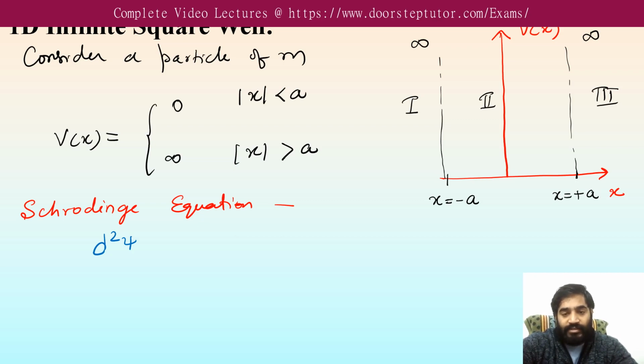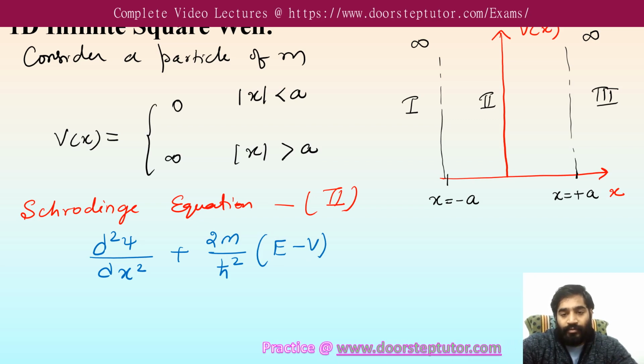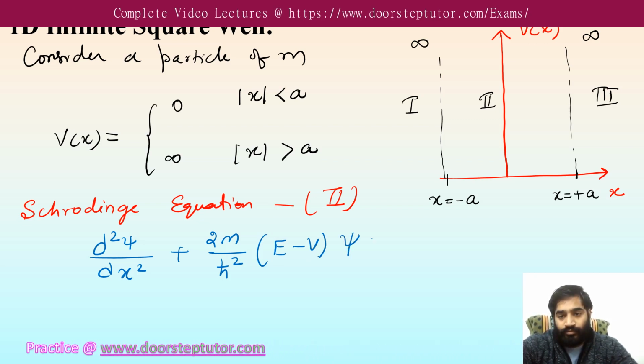I'm writing it for the second region: d2 psi over dx square plus 2m over h cut square times (E minus V) psi equals 0.